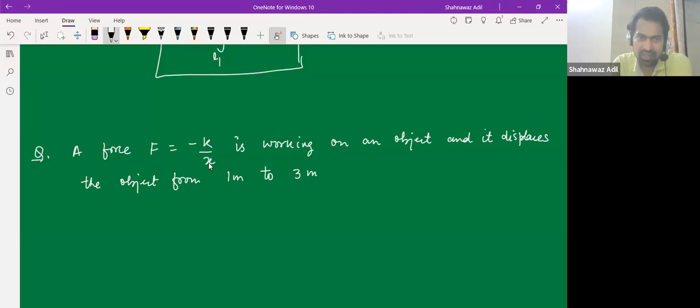So we are in the x direction. Remember, we are applying the force in the x direction only. Then find the work.